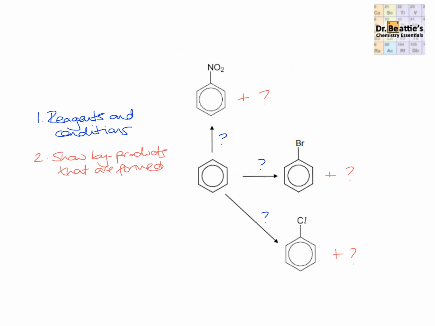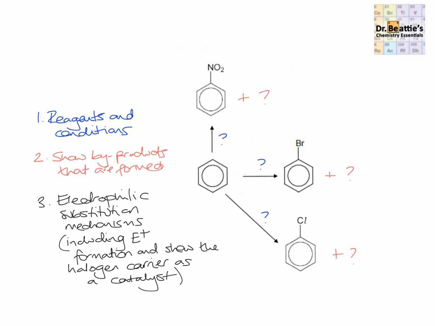And the most difficult task is for each of these transformations, construct the electrophilic substitution mechanism, including how the electrophile is generated, and in the cases of bromination and chlorination, how the halogen carrier is regenerated. So pause the video now and attempt those different tasks.